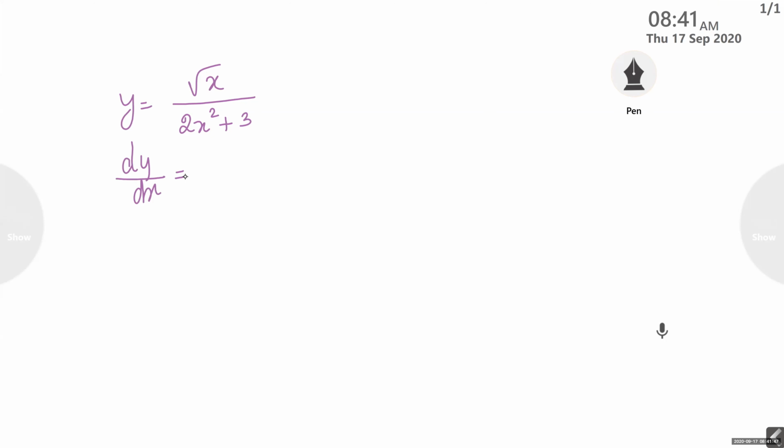Which rule do we have to apply? Yes, we have to use quotient rule, u by v rule, where u is root x and v is 2x square plus 3.